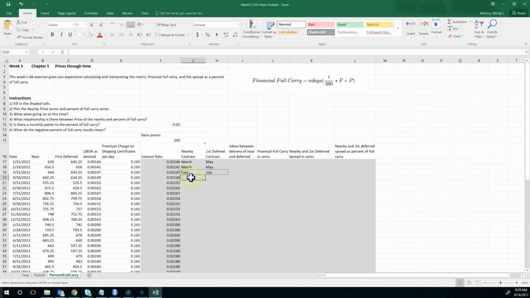And that's true also on April 30th. But likewise, on May 31st, the May contract has expired, and July is now the nearby, and that makes September the first deferred.